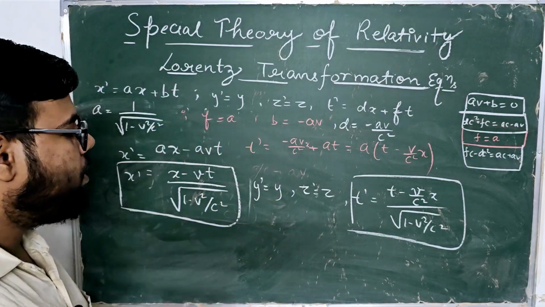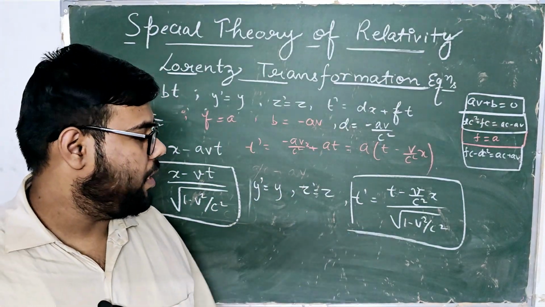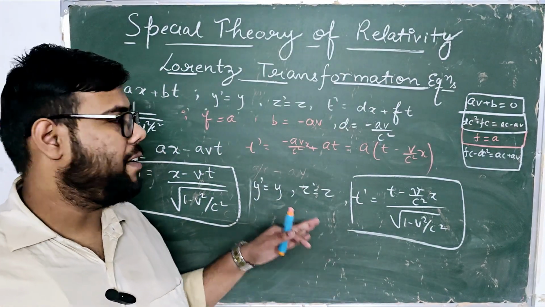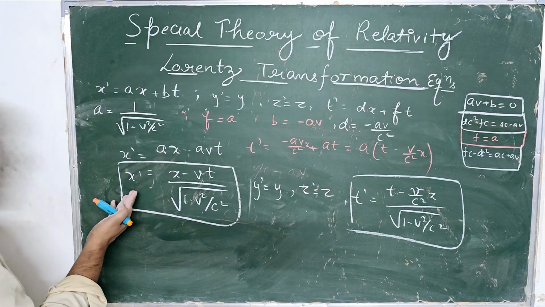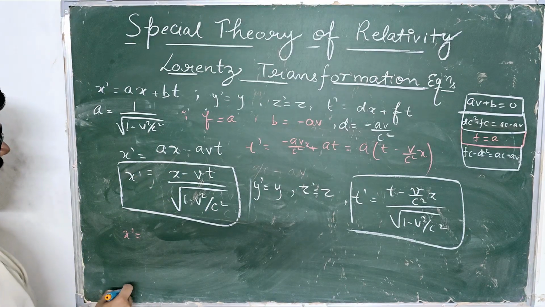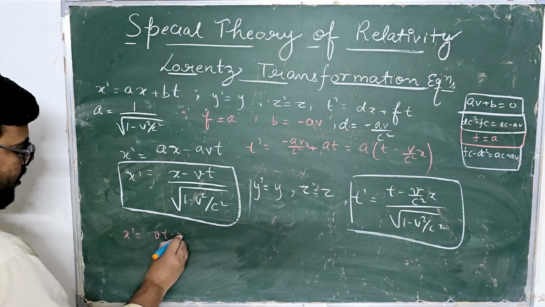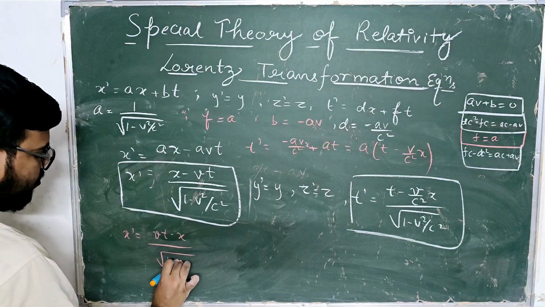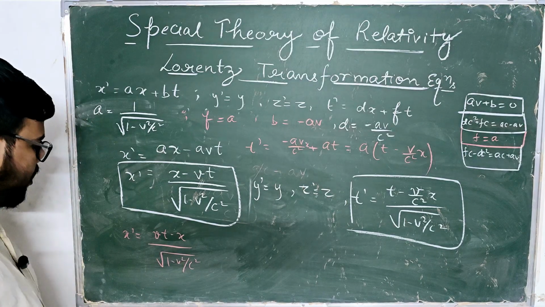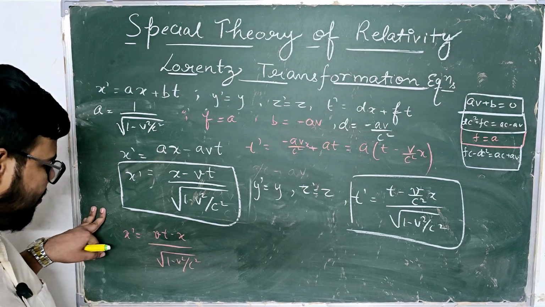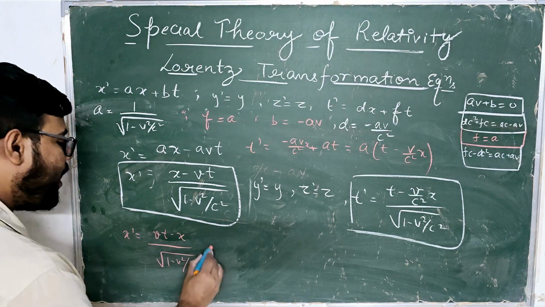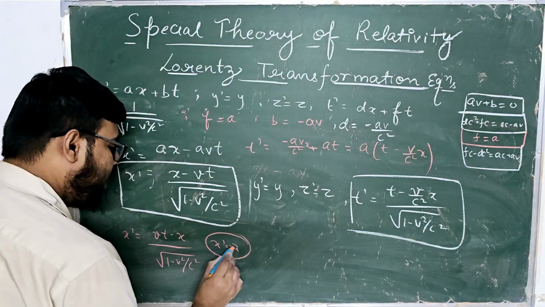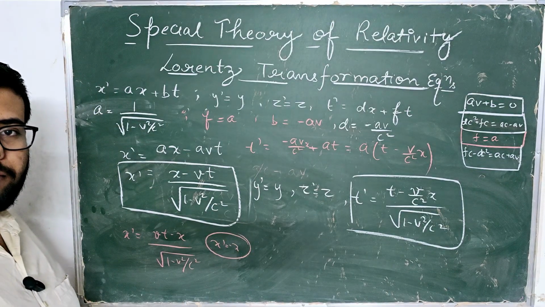Now the original question, why we have neglected the negative value of a. Well, if a was negative, then of course a you have taken common, so you would have got x prime is equal to vt minus x by square root 1 minus v square by c square. Okay. Now, when velocity is equal to 0, then it would imply x prime is equal to negative x, which is wrong.